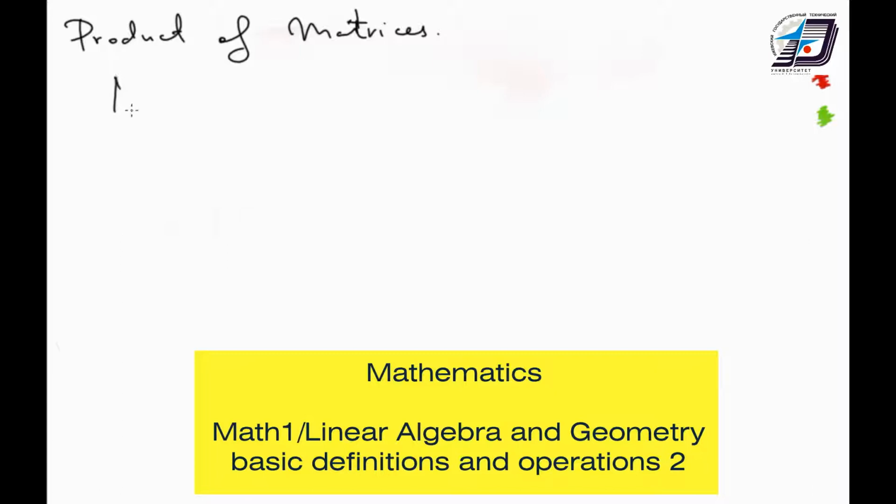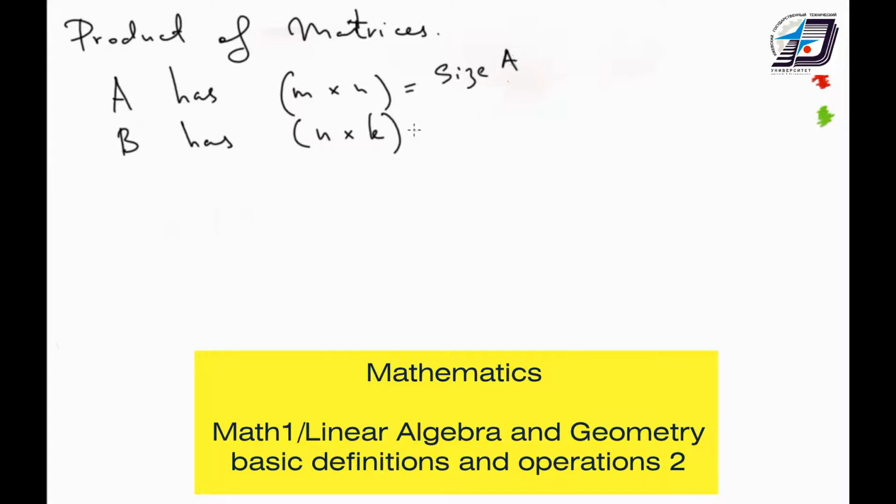So, for example, matrix A has m by n size. Matrix B has, for example, n by k element size.